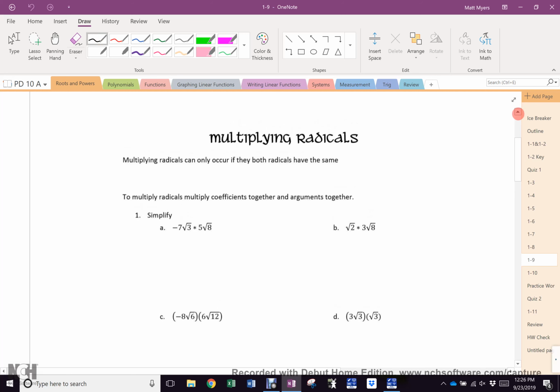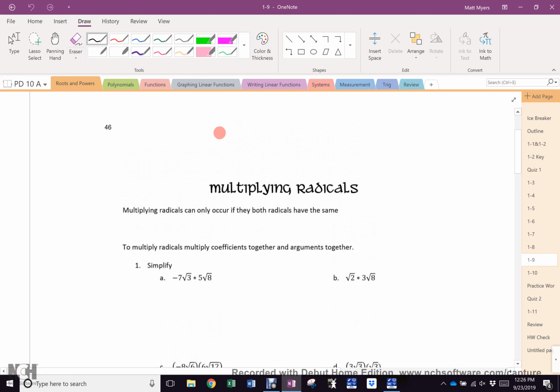And that prior knowledge I'm going to remind you of here, above the title. What is 5x times 5x? 25x squared. Excellent. What is 5x squared times 5x cubed? Excellently done.